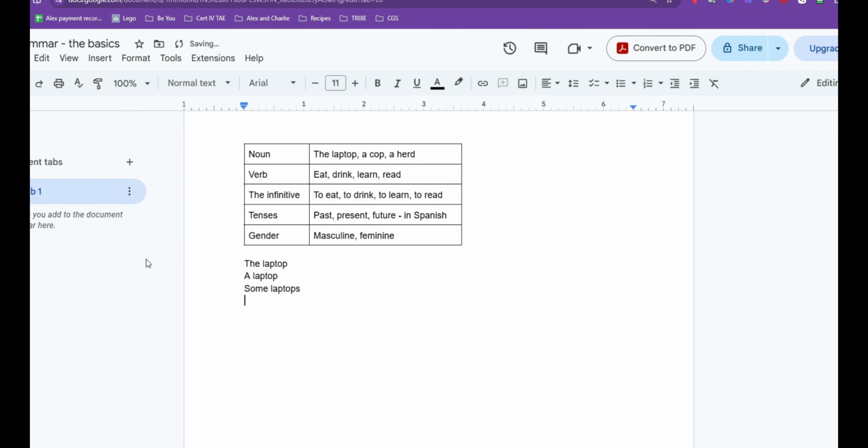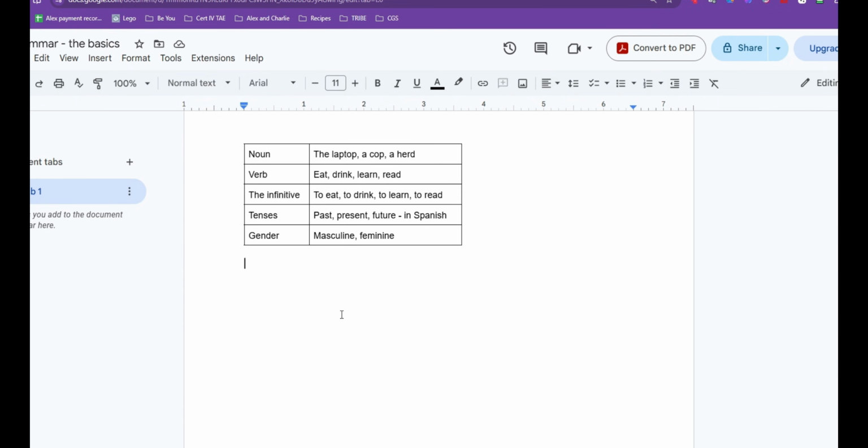We've got the laptop, a laptop, some laptops, some big laptops. Okay, it doesn't matter what is next to it, a noun is a noun. Okay, now this is important because you will have to make the other words in Spanish agree with your noun.